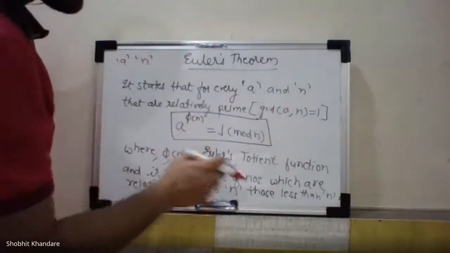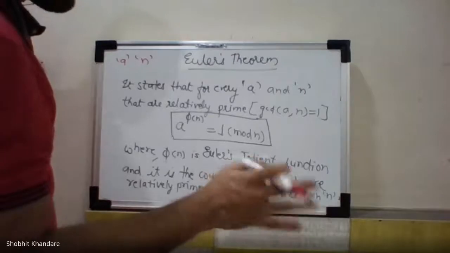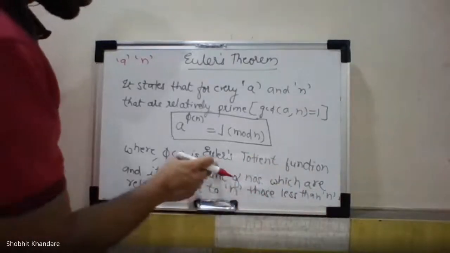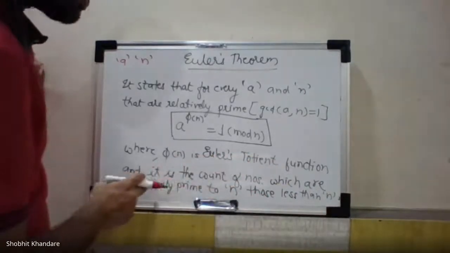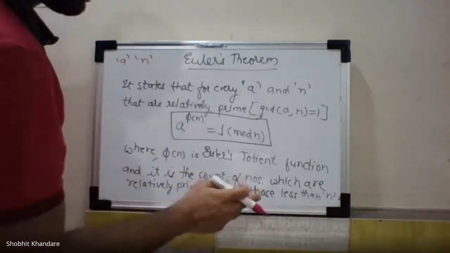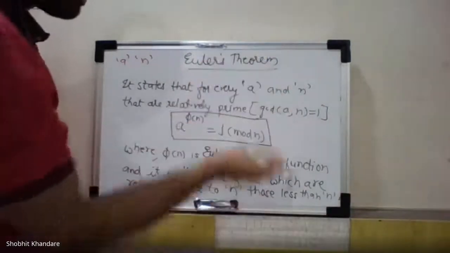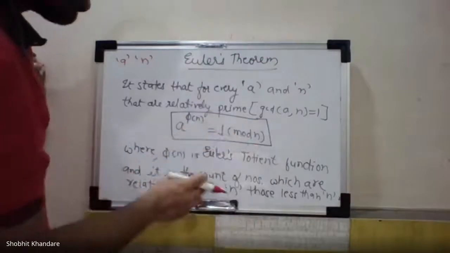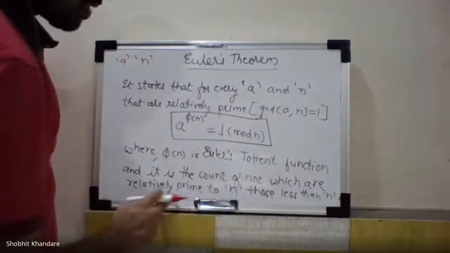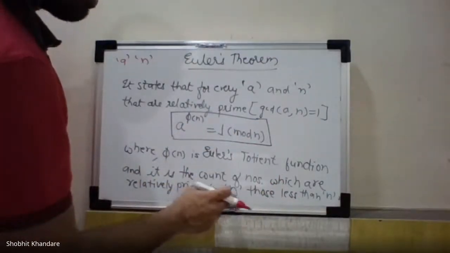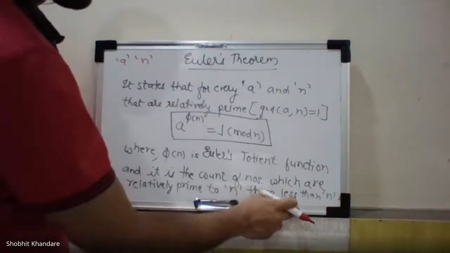I told you how to get the Euler's totient function, but I haven't told you the definition. The definition is the count of numbers which are relatively prime to n, but those less than n.